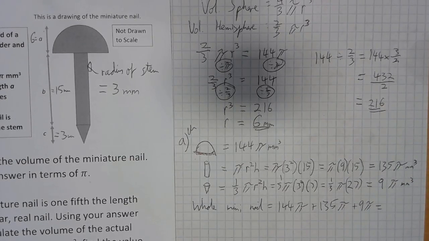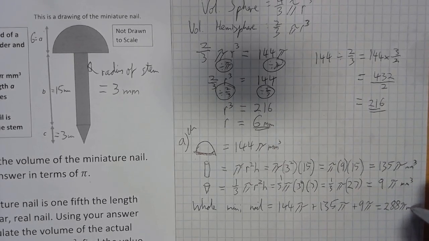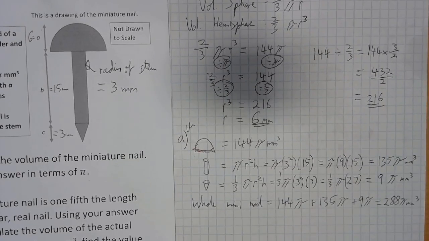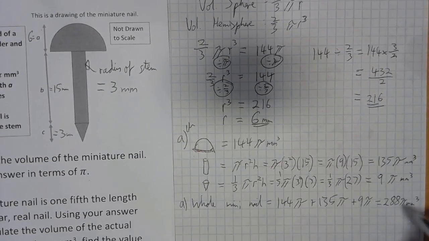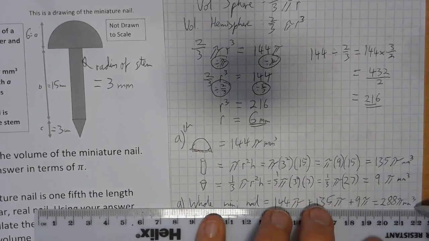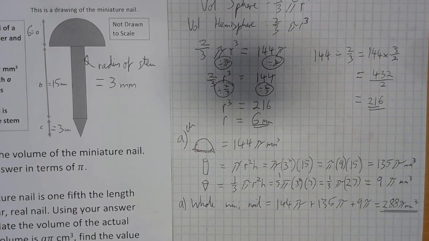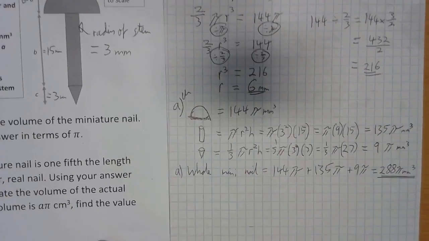Okay, so 144 plus 135 gives me 279, plus 9 gives me 288 pi millimeters cubed. So there's my answer to A. Underline it because that's my answer. Just want it in terms of pi, so no need to decimalize or anything there.